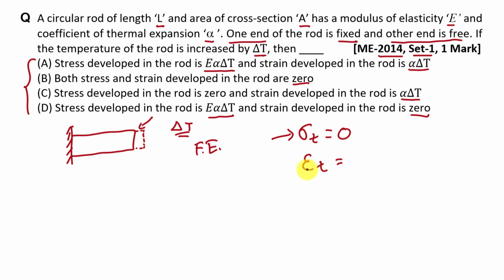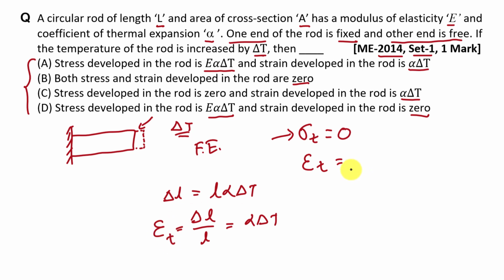Now here we have to find out epsilon T. We know that delta L is equal to L alpha delta T, right? So from here we can say that delta L by L is equal to alpha delta T and it is change in dimension divided by original dimension, that is thermal strain epsilon T, right?